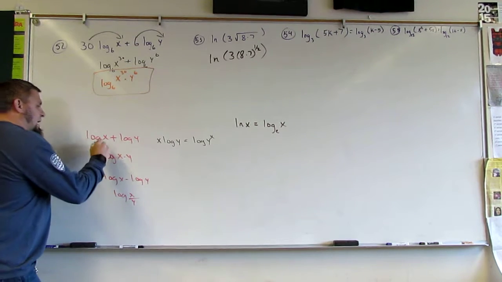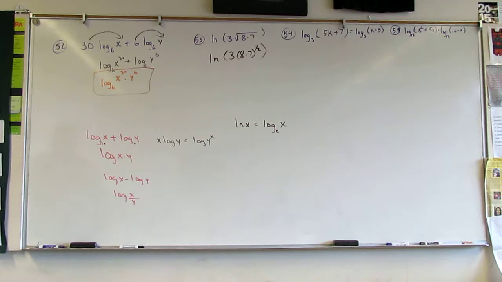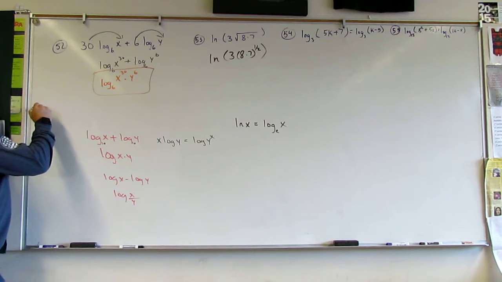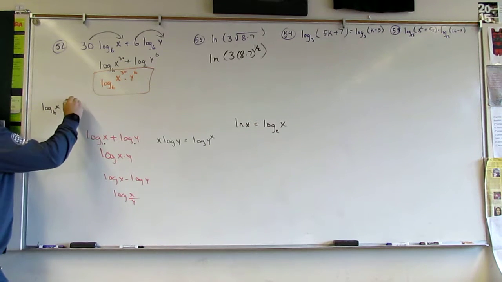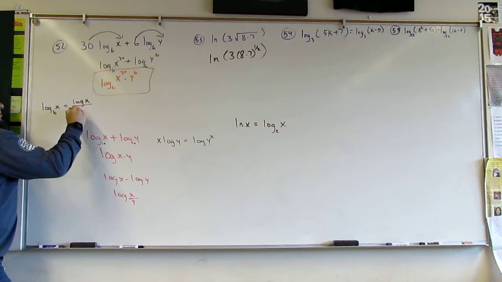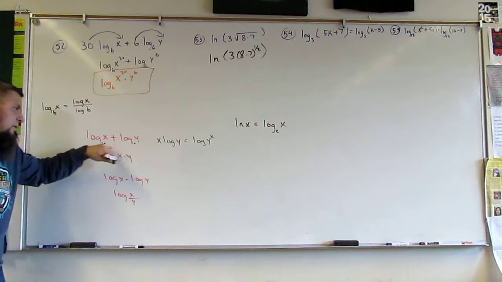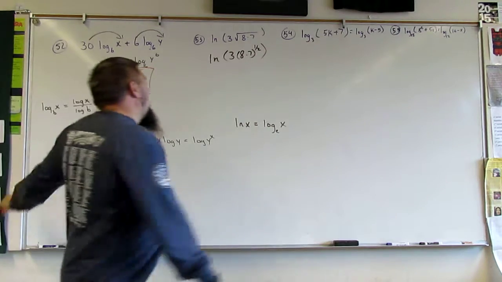These bases all had base 10, and that's why we can use them in the computer. Now when you have something other than base 10, like this one was base 6, if I have something like log base b of x, then that equals log of x over log of b. So I'm going to put that in terms of 10. That's all. In terms of 10. So other than that, all those rules are the same.